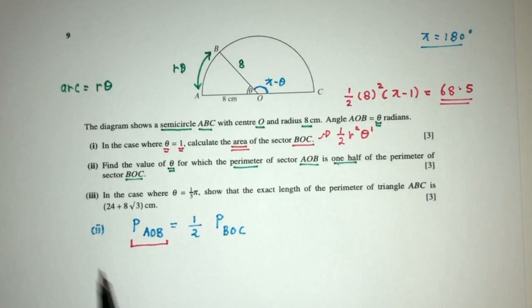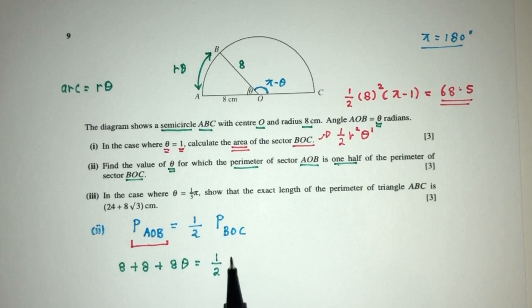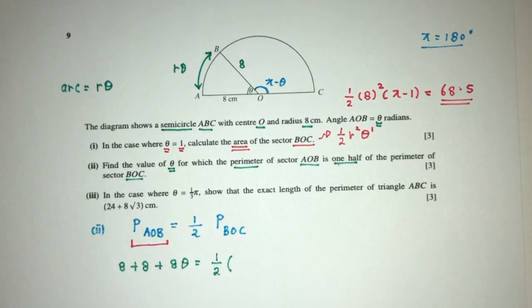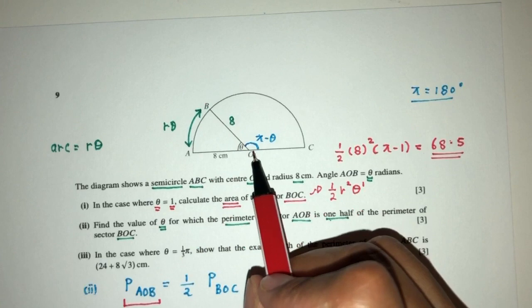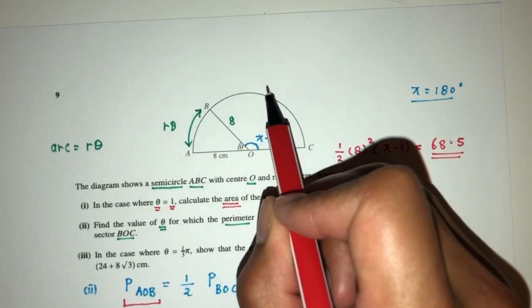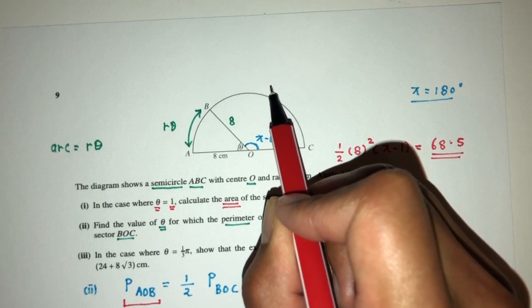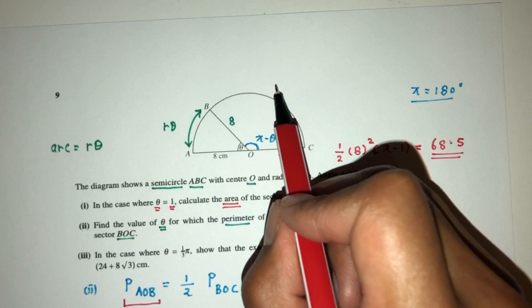So again, arc length is equal to radius times the angle in between. So replace, you will have 8 plus 8 plus 8 theta equal to half times the perimeter of BOC. For BOC, we have to add this and this, and also this. This will again be the arc length, r times theta. R is the value of 8.